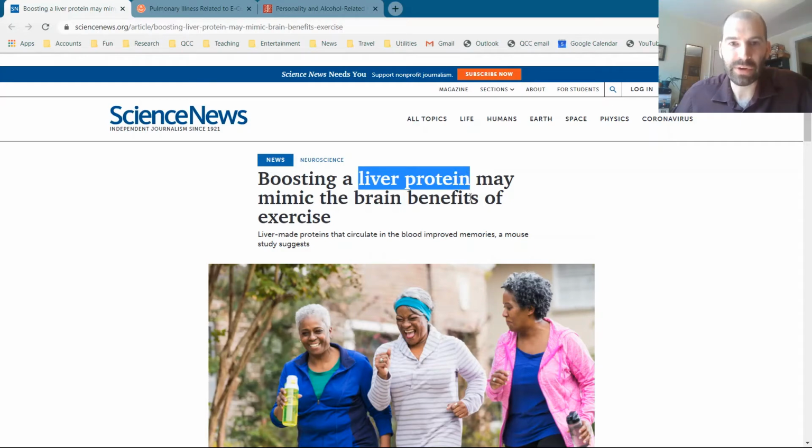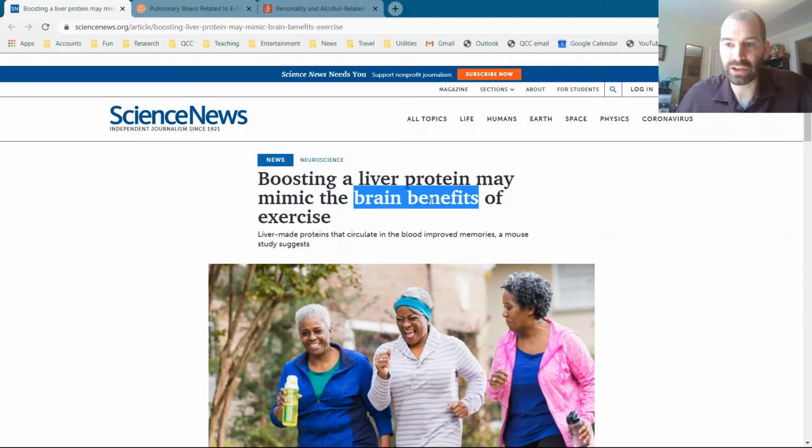And the response variable would be the benefits to your brain, how much the brain benefits from that change. So the explanatory is the liver protein, and the response is the brain benefit. Okay, let's take a look at another study here.